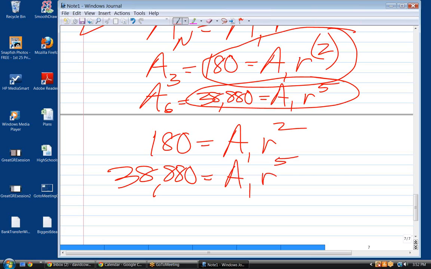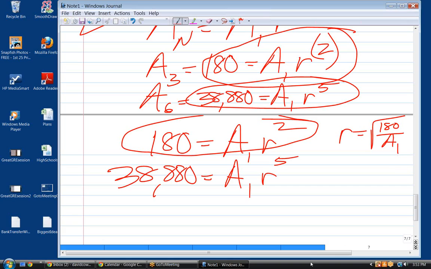I can solve it by substitution. The easiest way is to solve it by substitution. In other words, solve this one for r. So r equals the square root of 180 divided by a sub 1.